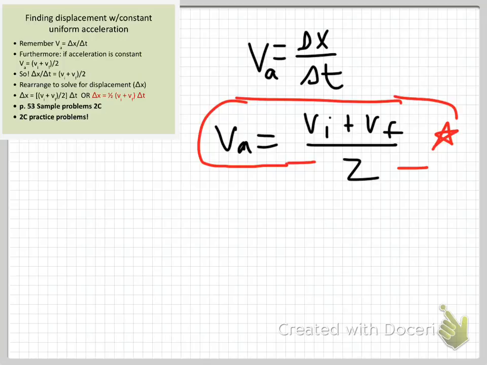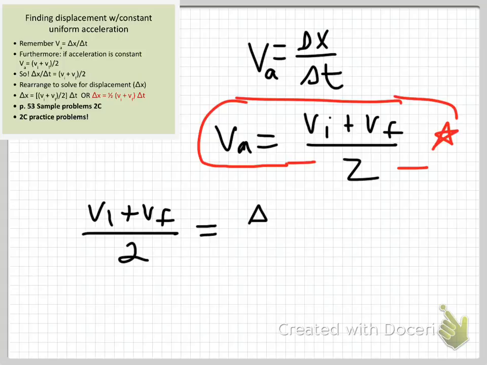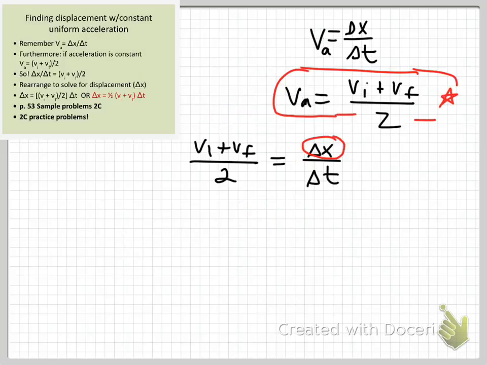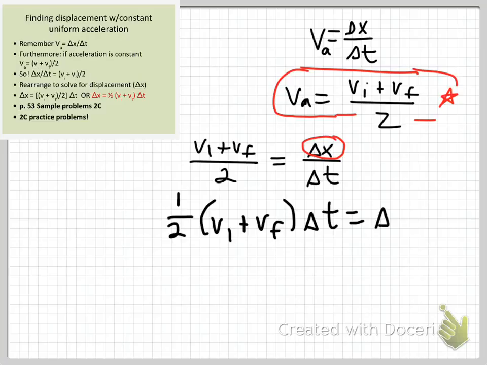So we can sub some things in, and then we can say that (VI plus VF) divided by 2 is equal to delta x over delta t. Okay. If we want to rearrange and solve for displacement, then we can say, well, 1/2 (VI plus VF) times delta t gives us delta x.